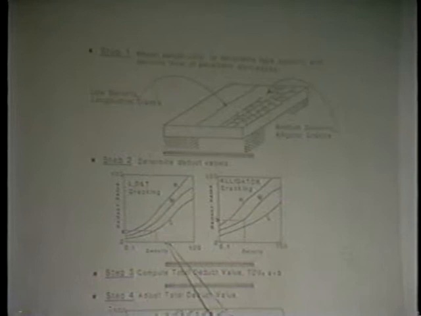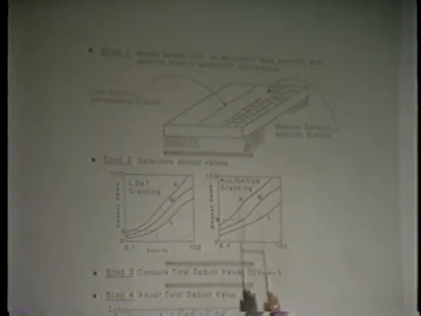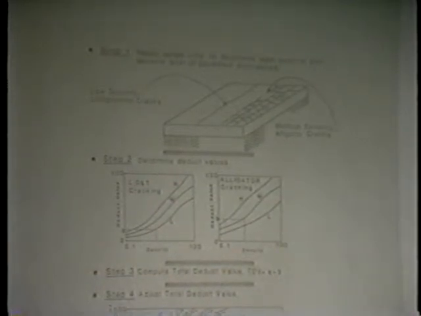The deduct curves showing the impact of certain severity levels and quantities of those distresses on the condition rating from 0 to 100, and come up with a condition rating for each section of pavement.